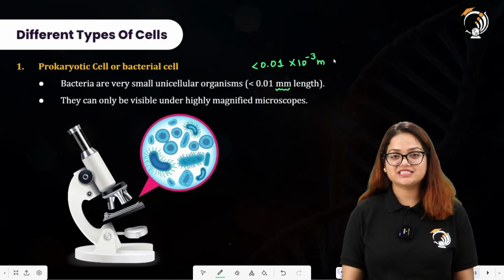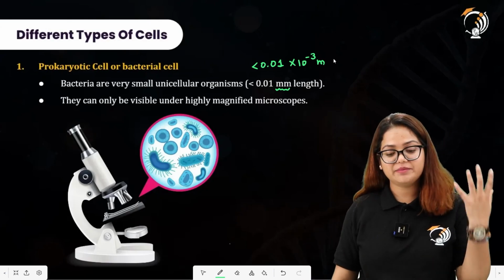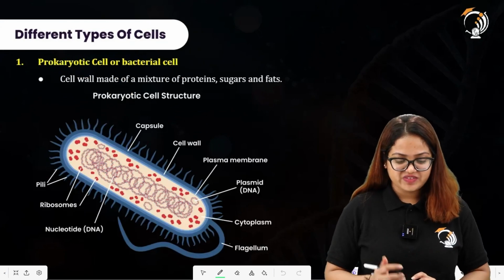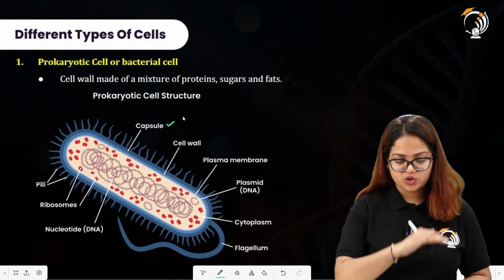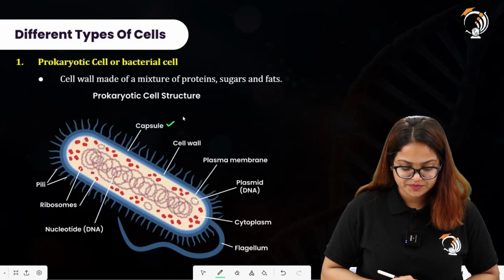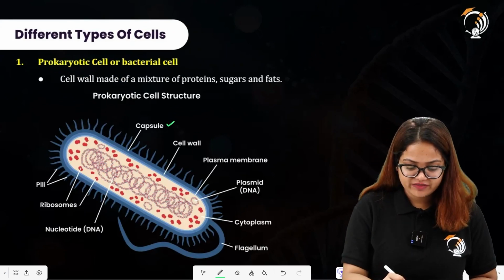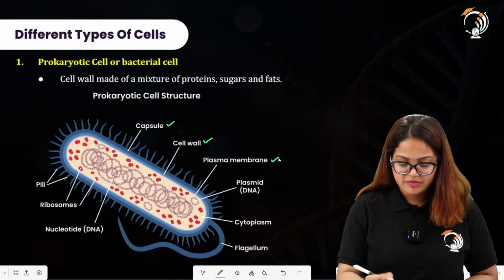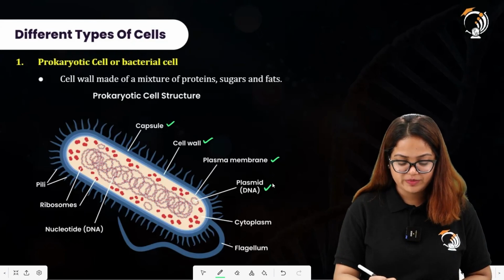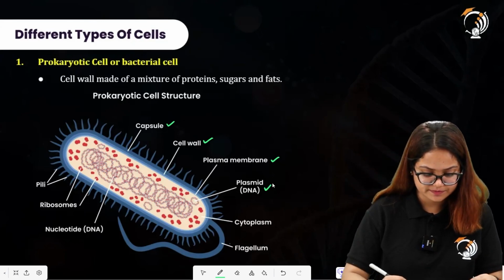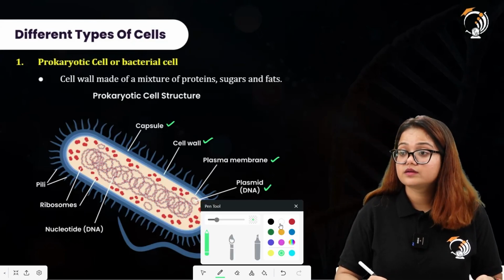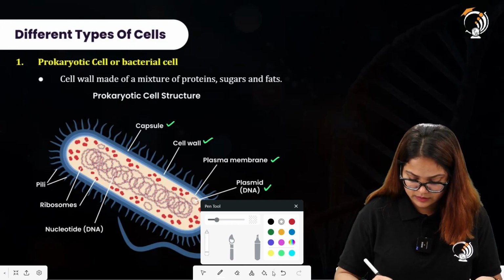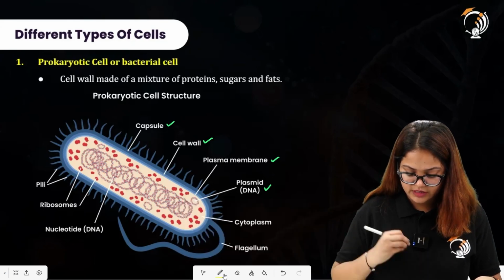To visualize bacteria, you require a highly magnified microscope. In the structure, we have the capsule, the coat of the bacteria. Then you have the cell wall and the plasma membrane. Then plasmid.